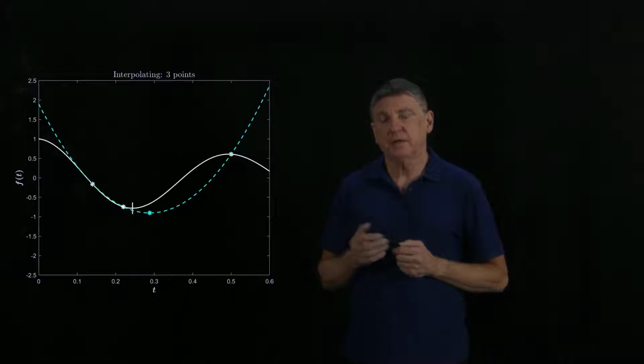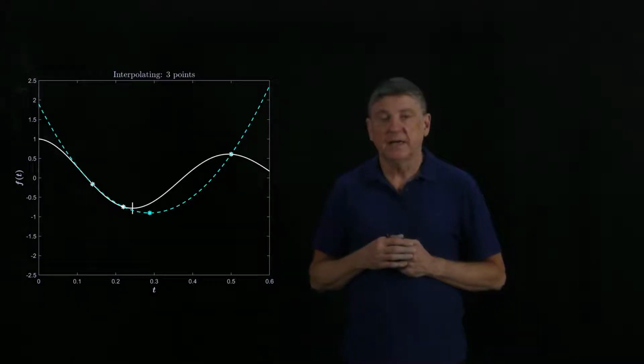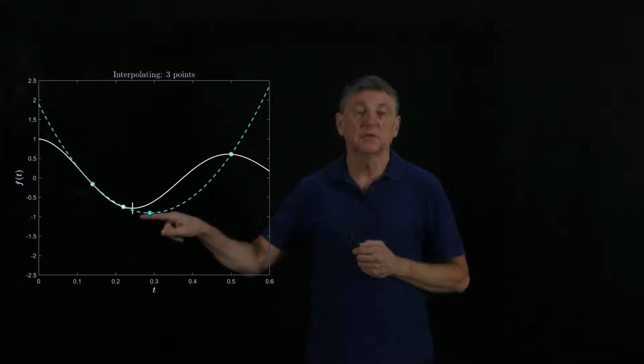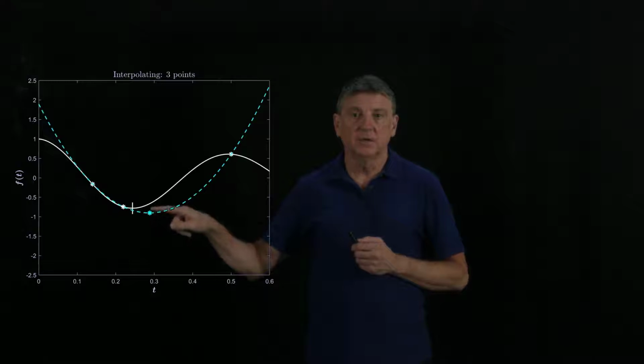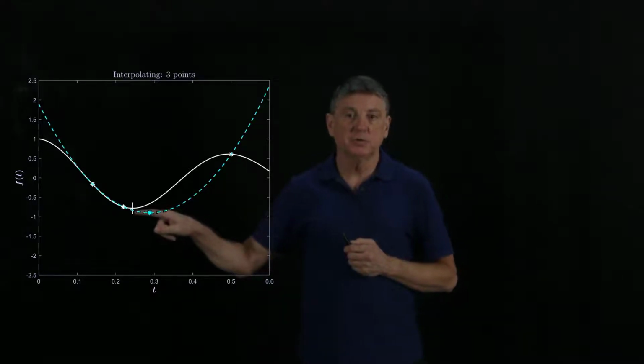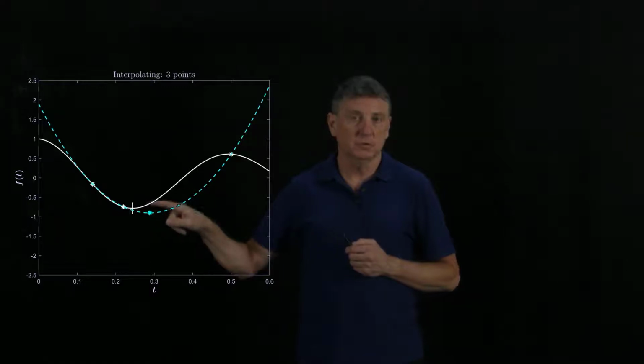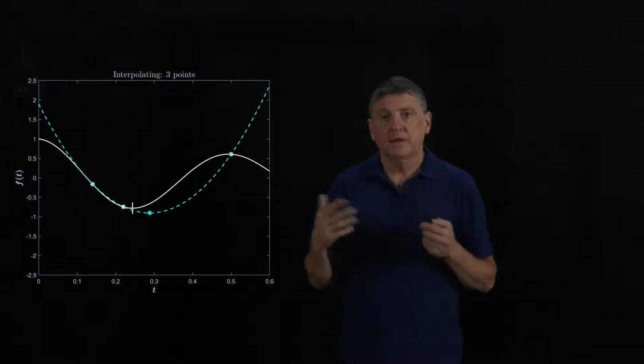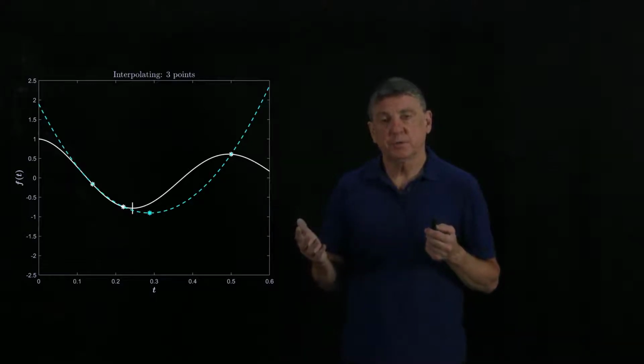If we differentiate that second order polynomial and set that derivative to 0, we find the stationary point, the sole global minimizer for this, and this would be our estimate. We can see that the polynomial estimate is not too far off the true minimum in this range. That was an interpolation using 3 points.